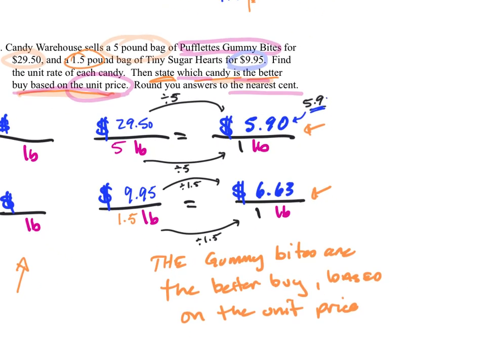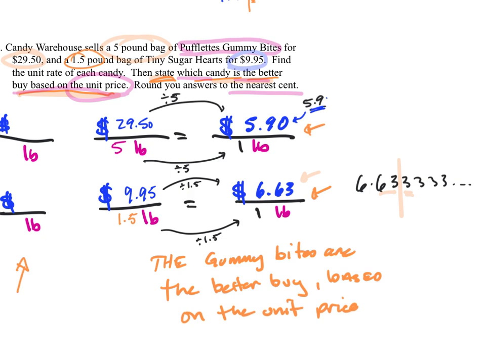And that comes out to 6.63333, right? It just keeps going on. But again, they want us to round to the nearest cent, right? So we're going to look right there at the hundredths place value. This is a 3, so it's closer to 63 cents than it is 64 cents. So we're going to say it's $6.63 per pound.